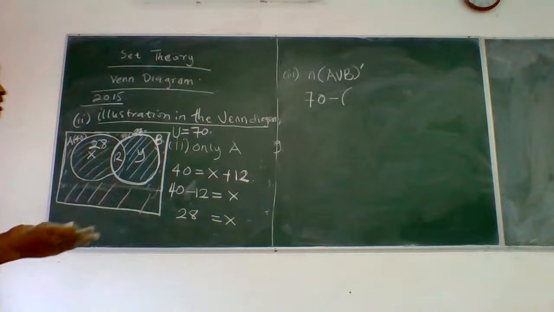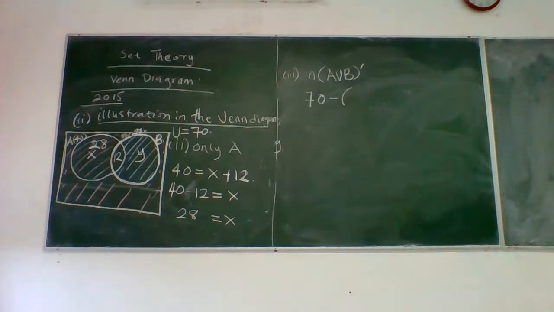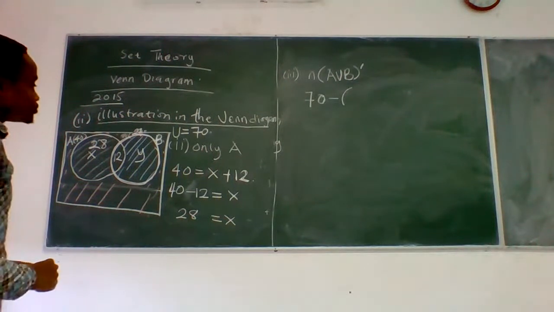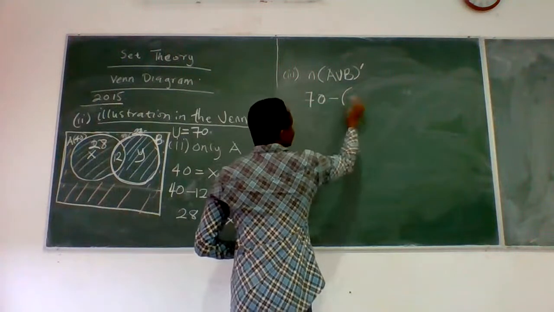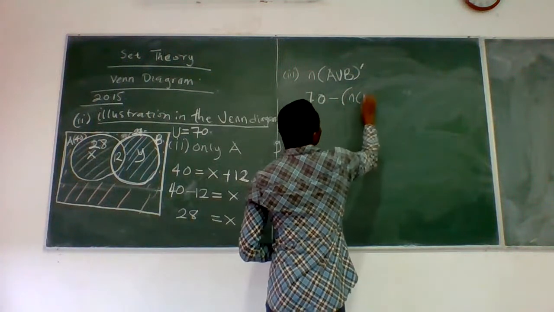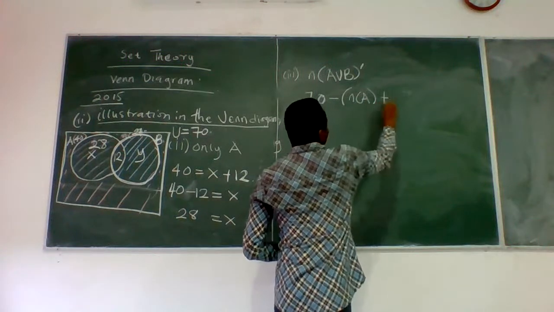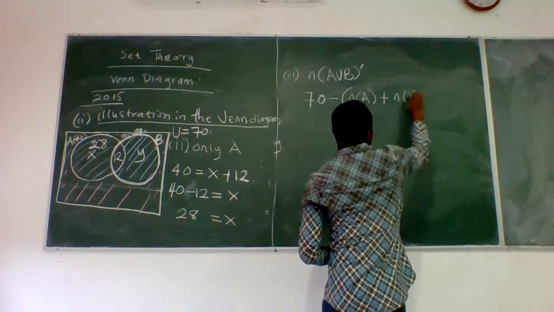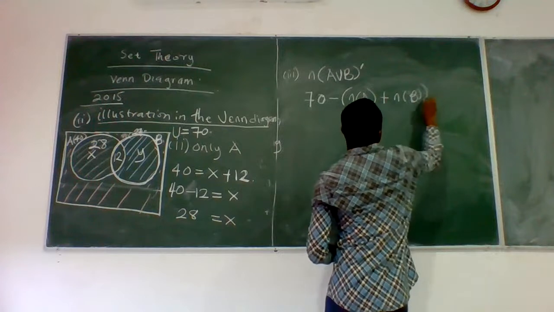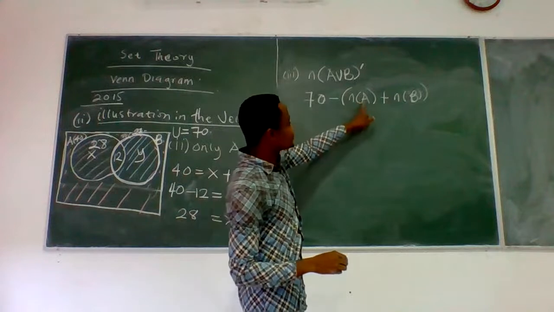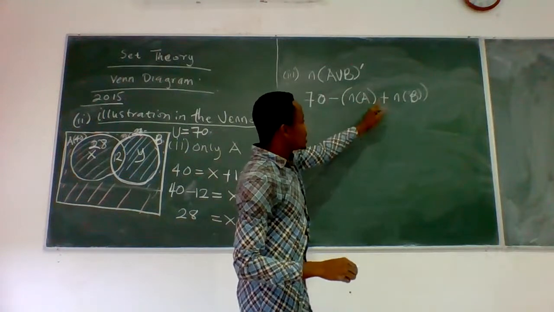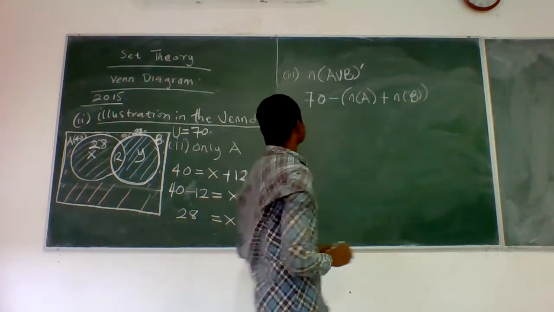We are adding the number of students in those two sets. So this is the same as the number of A only plus the number of B only.